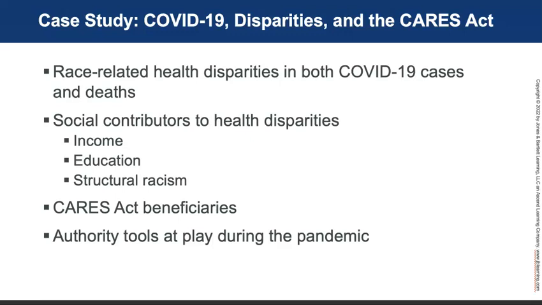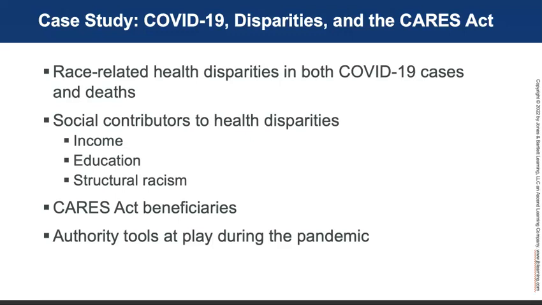There's a case study on COVID-19 disparities and the CARES Act in the book. Basically, they noted disparities in COVID cases and deaths. These disparities were based on income, education, and structural racism.